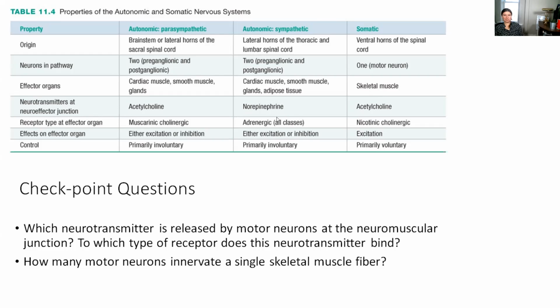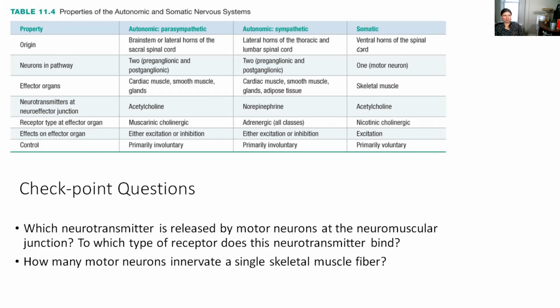And then we saw many different types of adrenergic receptors for the sympathetics. Okay. And we've talked about these as well in both our parasympathetics and sympathetics. Sometimes we'll see excitatory effects, sometimes we'll see inhibitory effects. Somatic, it's always excitation. A nervous impulse is always like, okay, let's contract this muscle.